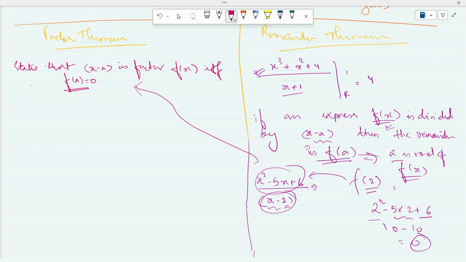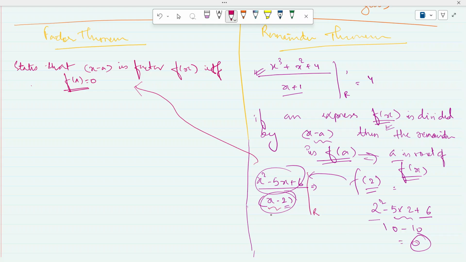Basically, if we divide and find out the remainder, this means that to find the value of f of a, and f of a in this case, f of 2, we have value as 0.